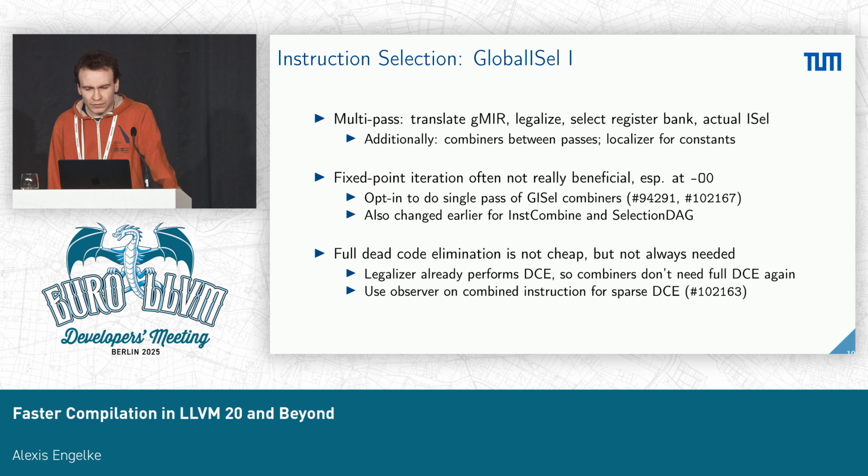Another observation was that full dead code elimination is not cheap and also not always needed. The legalizer already performs dead code elimination, and so combiners don't need to do this again.